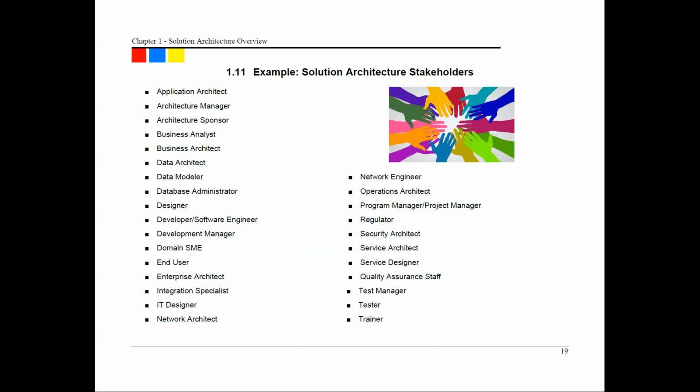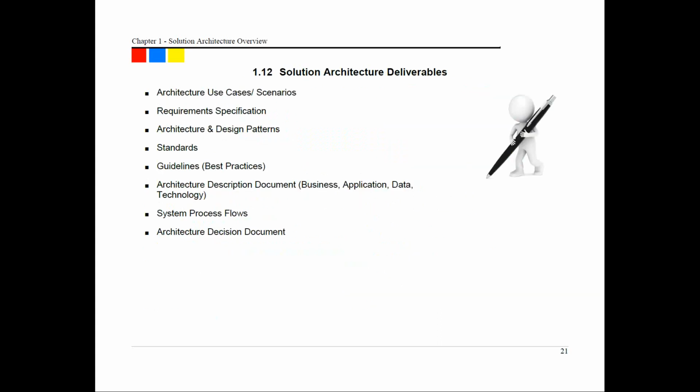Some of them need to evaluate whether their concerns are met. If you look at the quality assurance staff, their goal is to evaluate that there are no defects in the satisfaction of functional requirements, and they'll use the architecture to help evaluate that. So stakeholders are going to be just about everyone.